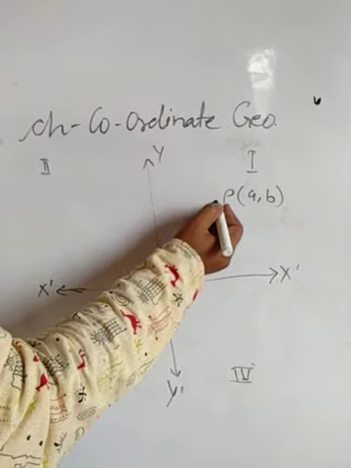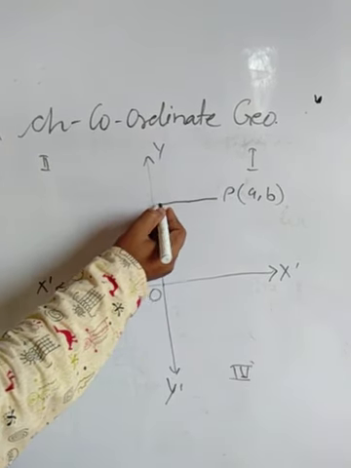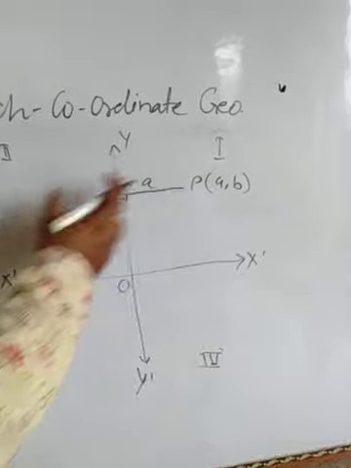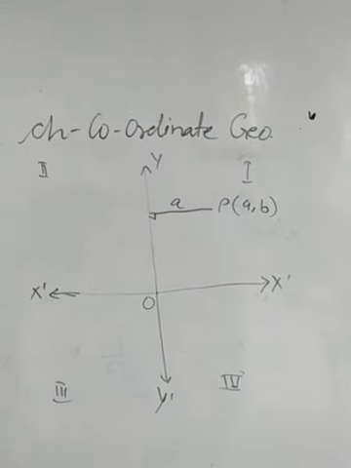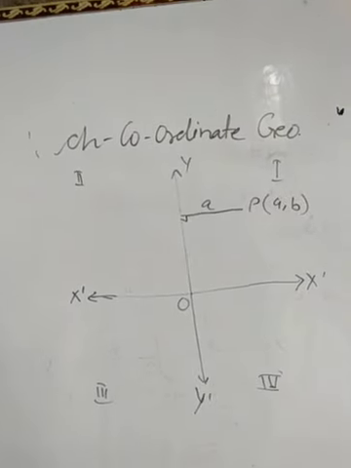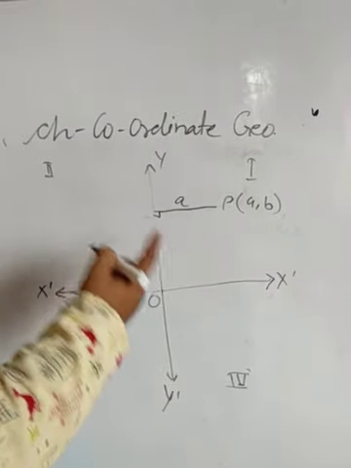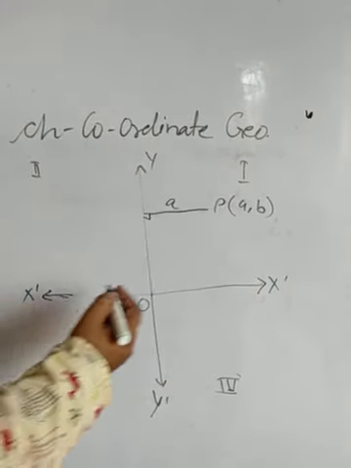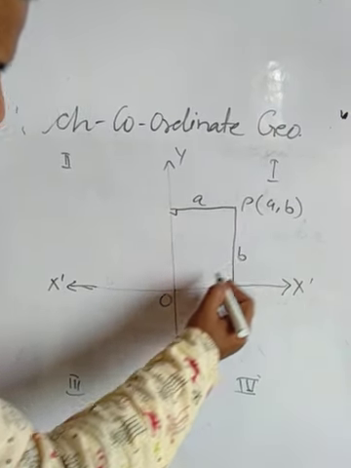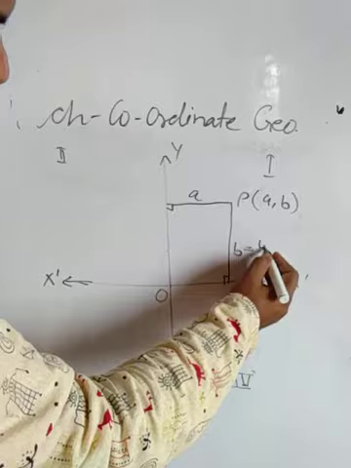This perpendicular distance from point P is known as A, and this is the abscissa. So, the definition of abscissa: distance from the y-axis, right? Distance from the y-axis is the abscissa, and this perpendicular distance is B, and this is the value of y.